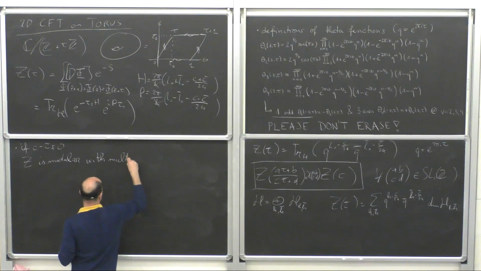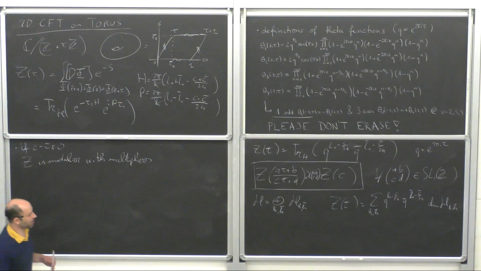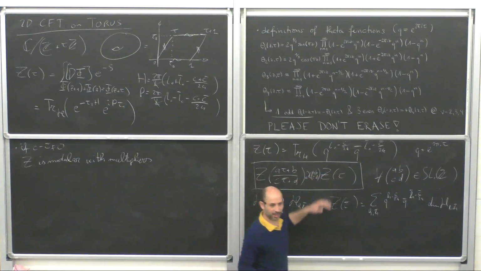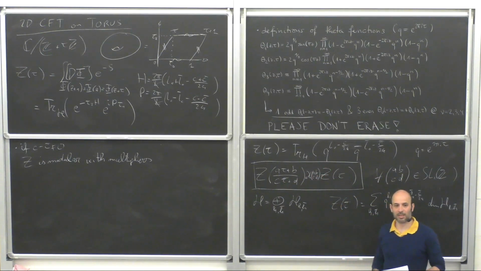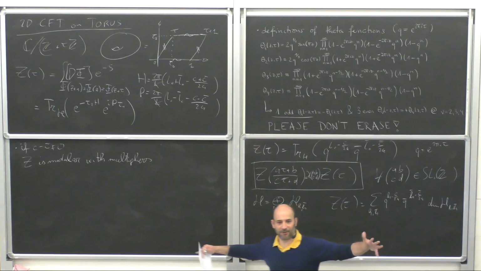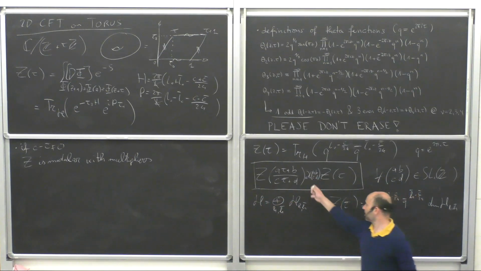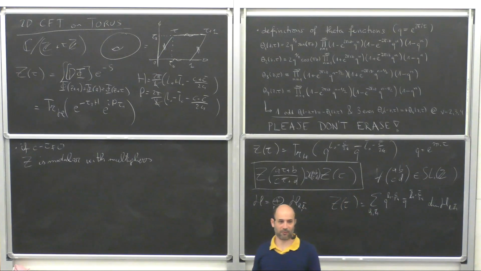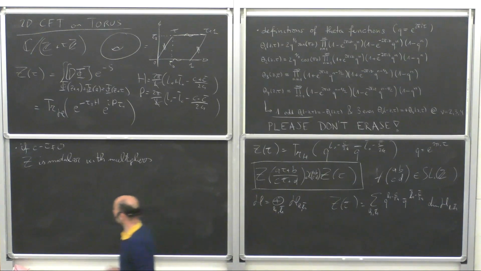We haven't introduced this concept yet, but when you impose modular invariance, you can also allow for some specific phases that depend on your a, b, c, d, and then you are in a different kind of modular function, or you can also define modular forms in this way, with a given multiplier. So you can allow for this.